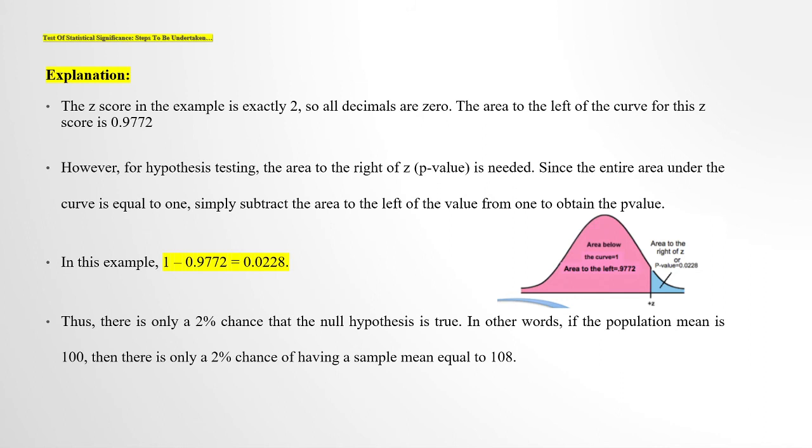Since, as we have already discussed, the entire area under the curve is equal to 1, we do some subtraction here to get the right part of the area, which comes out to be 0.0228. So there is only a 2% chance that the null hypothesis is true. Or in other words, if the population mean is 100, then only 2% chances are there that the sample mean would be equal to 108.